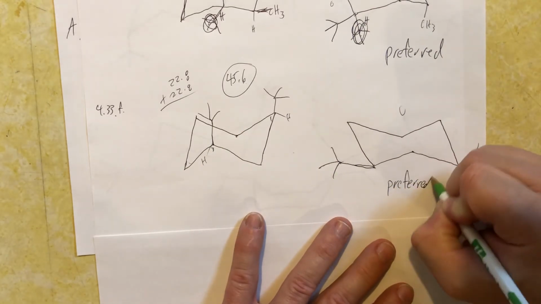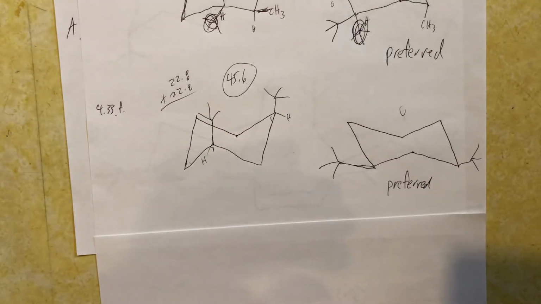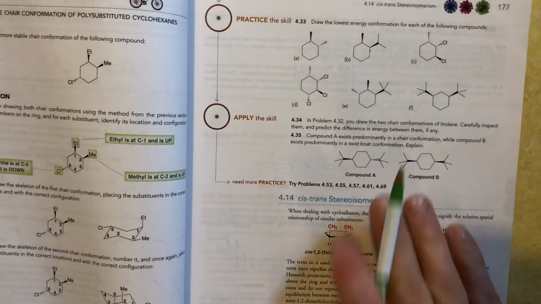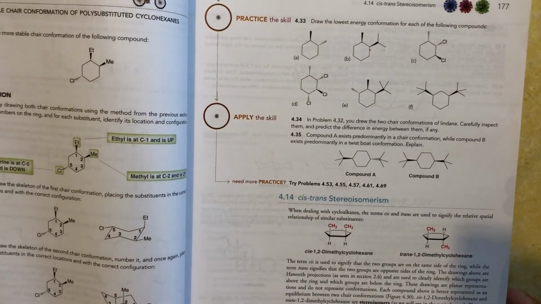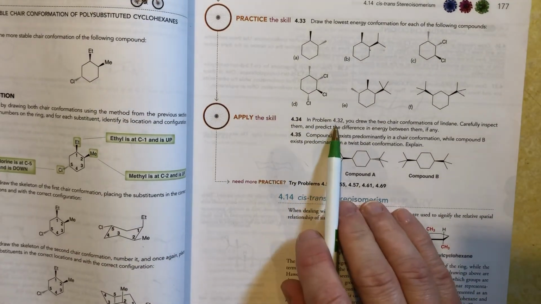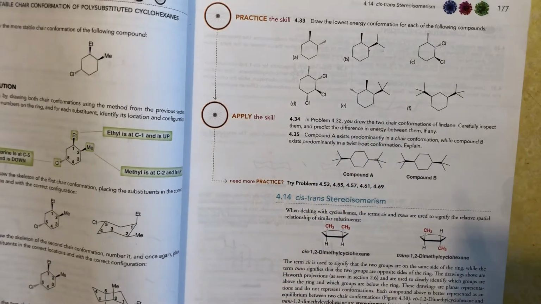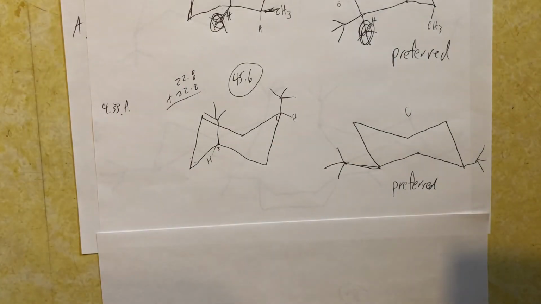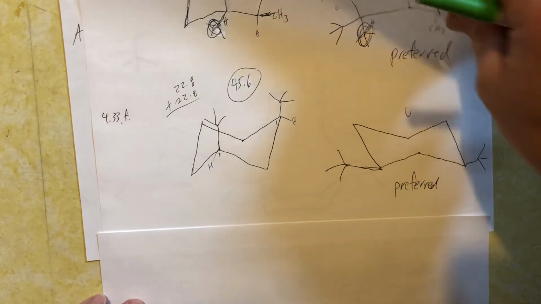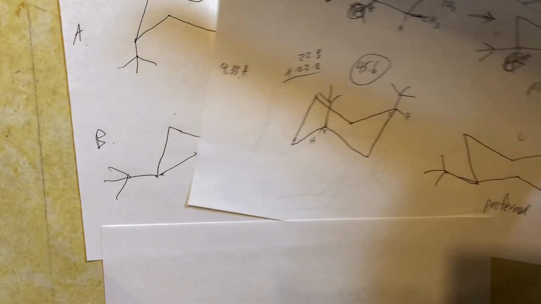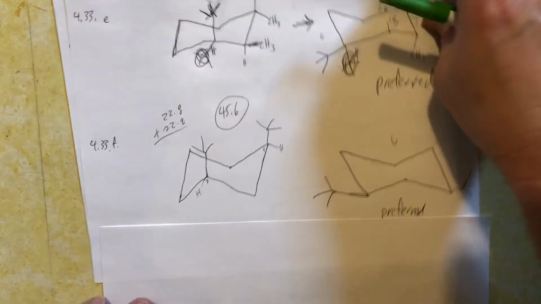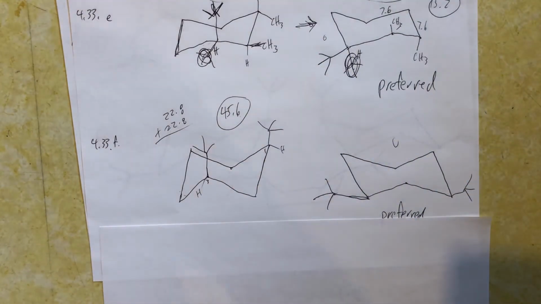Now, which is similar to what's going on in 4.34. In problem 4.32, you drew the chair conformations of lindane, and you have to predict the difference between them, if any. Where did that go? Let's see, that was back here.